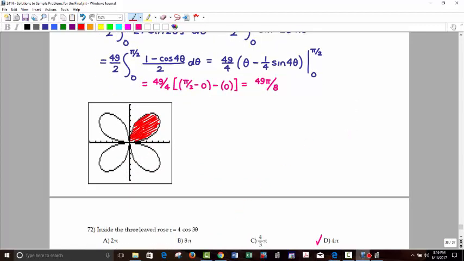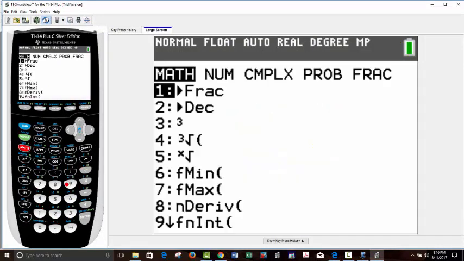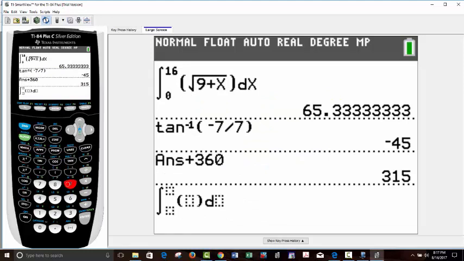So in the calculator, you don't have to even use theta. You can just go to the function menu and use x as your variable.